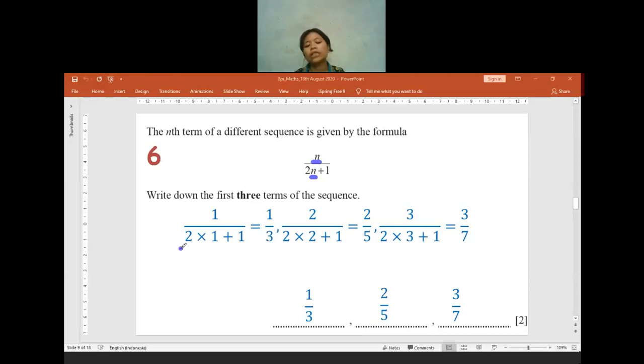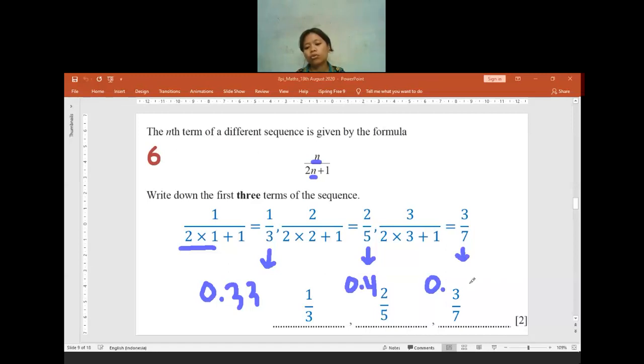Because the multiplication has to be done first, we have to do 2 times 1 plus 1. If you want to change it into a decimal, it's also okay. So 1 per 3 can be 0.33, and 2 per 5 will be equal to 0.4, and 3 per 7 can be 0.42.